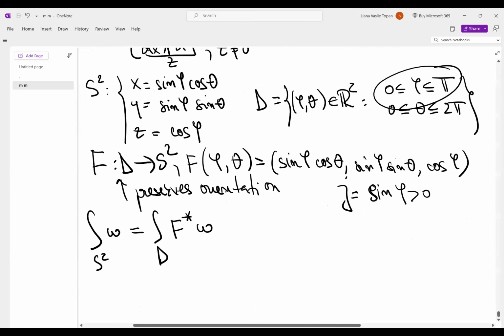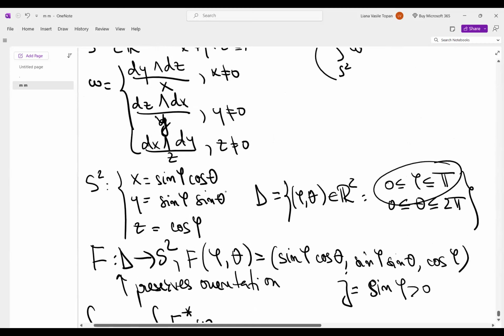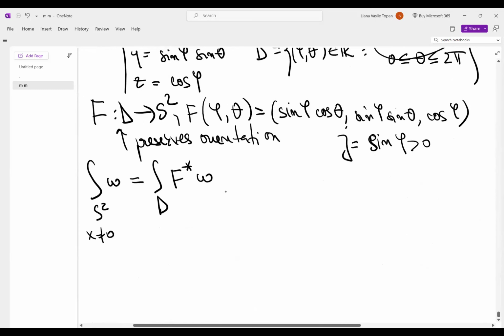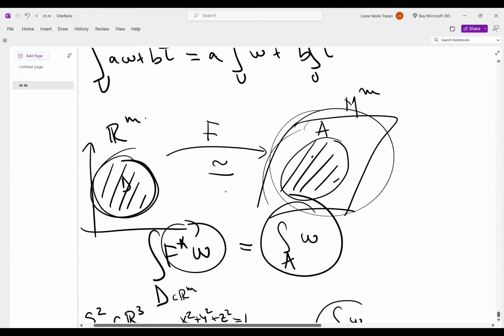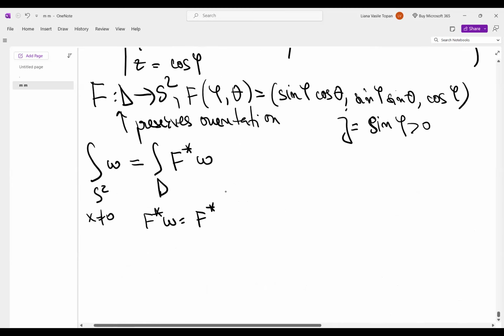So I assume at the beginning that x is not 0. I'm going to evaluate the pullback: F star of omega. What was omega? I forgot again. It is dy wedge dz.